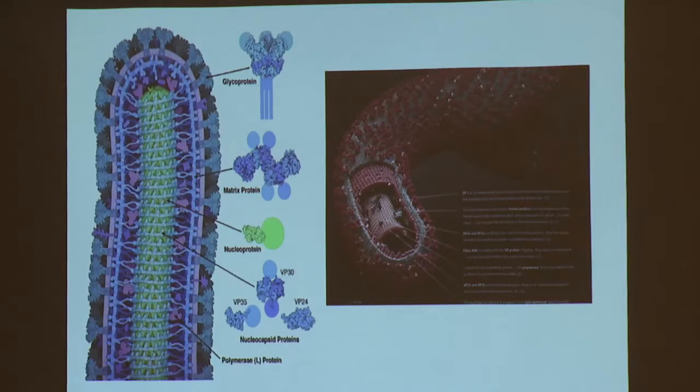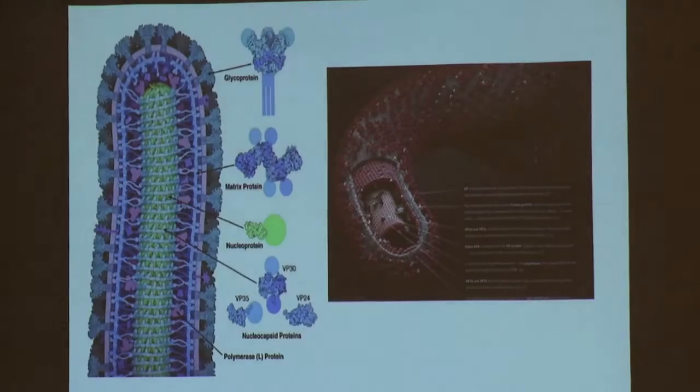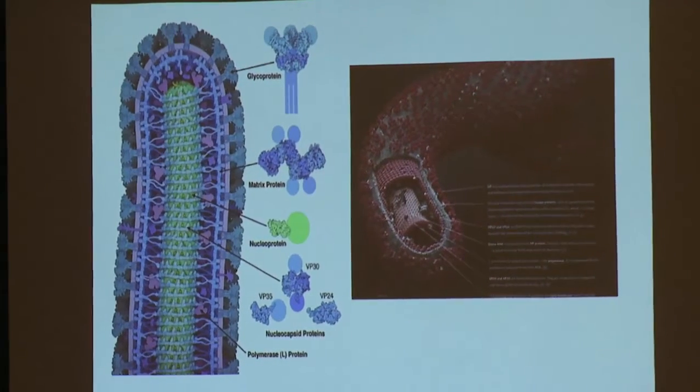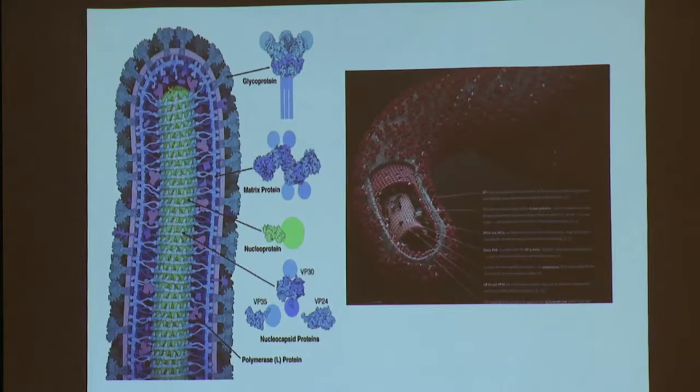So when we translate this to molecular terms, here's the bottom line. The surface coat proteins of the Ebola, the surface glycoproteins, are essential for recognizing surface proteins on the human cells and effecting entry into the human cells.